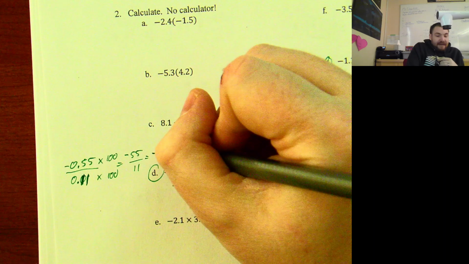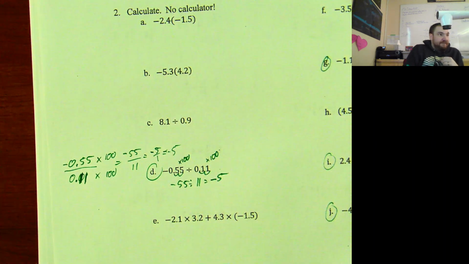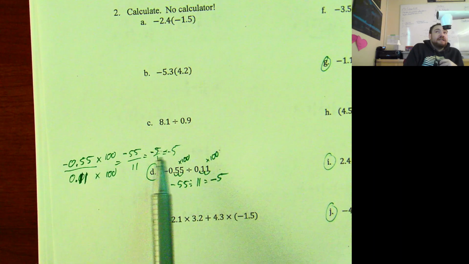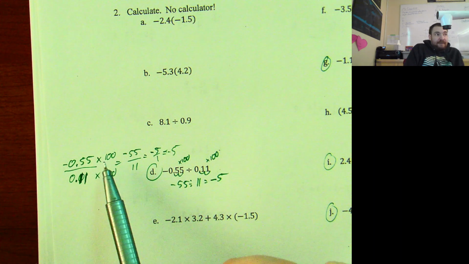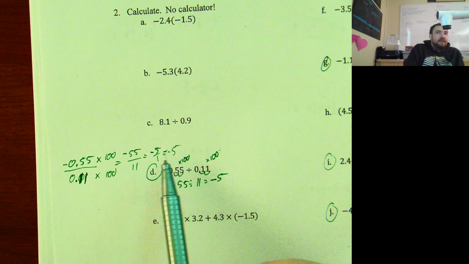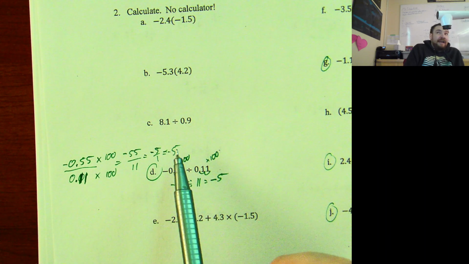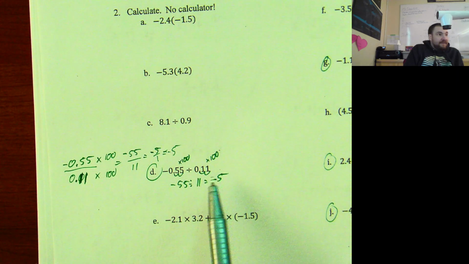That's going to become negative 5 over 1. Well, negative 5 over 1 is just negative 5. Nowhere here did I undo what I had done here, because all I'd done was multiply by 1. So this whole chain is fine, and I don't do anything to my final answer.